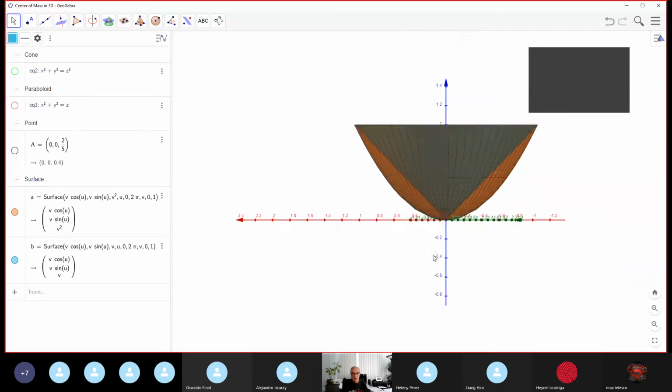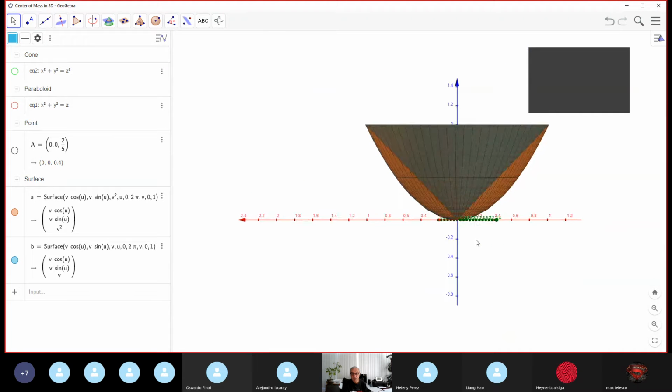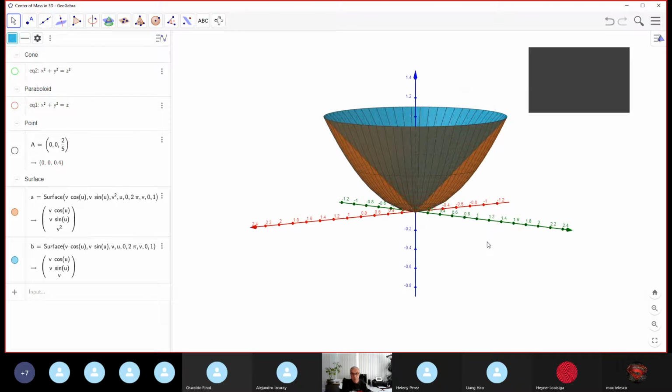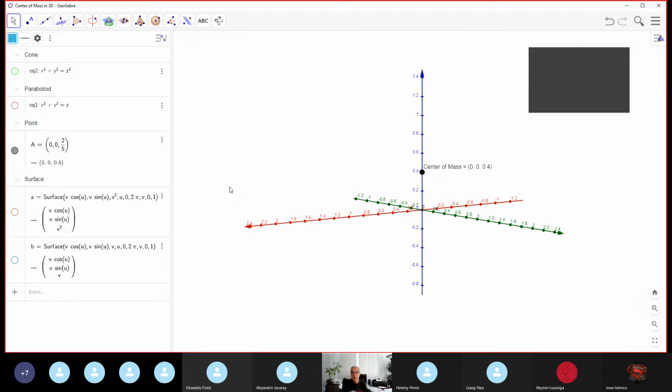You see that the center of mass is a little bit below 0.5, which is 1/2. So it's on the z-axis, but a little bit below, because the bottom part of the figure is wider than the top part. I plot the center of mass. Look at that. It is at 2/5, which is 0.4. Makes sense, right?